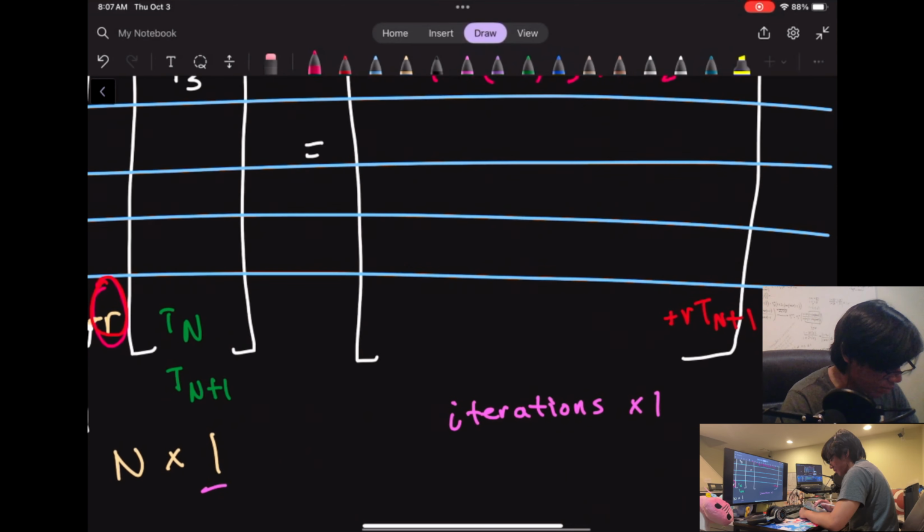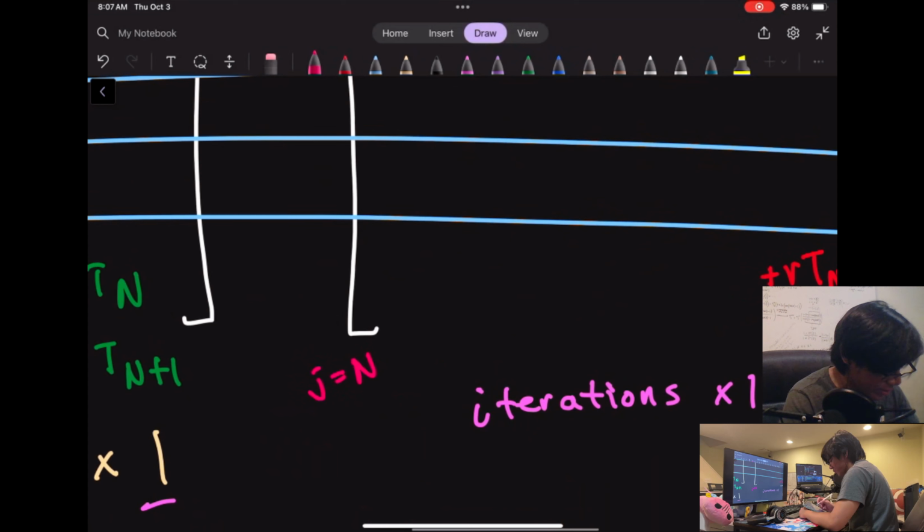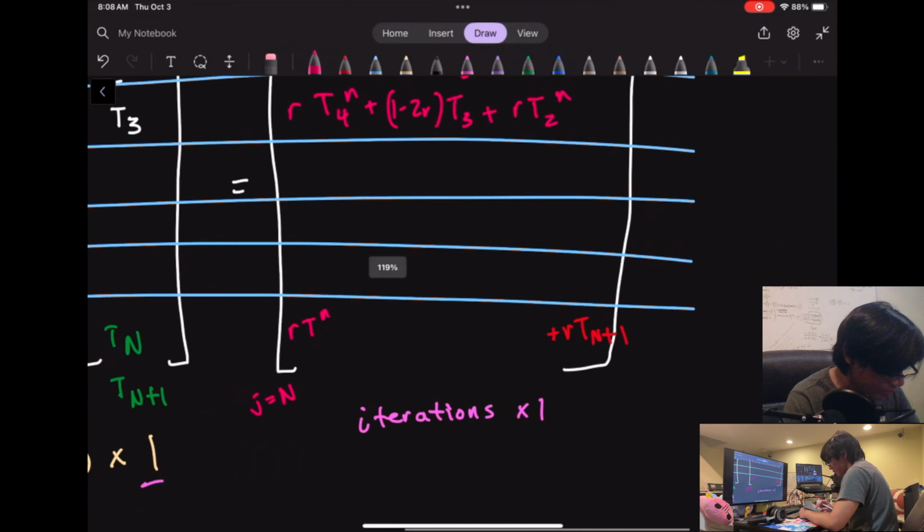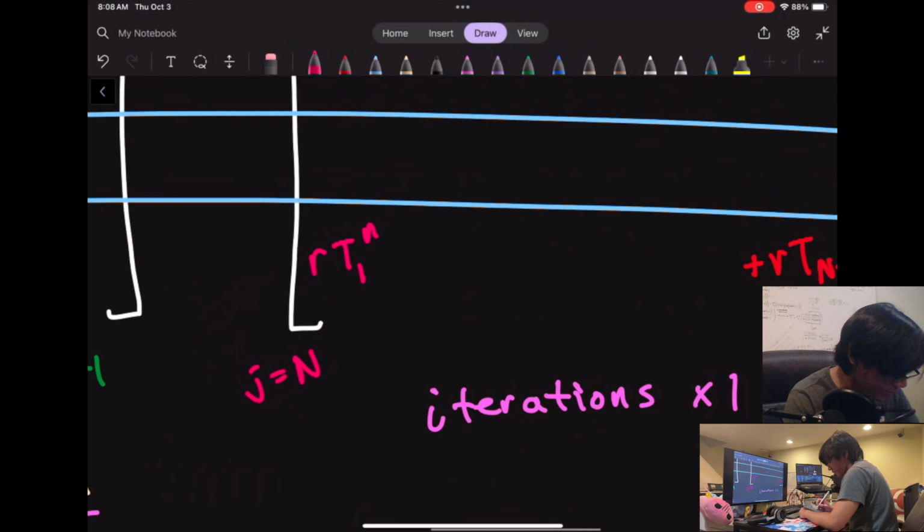Exact same thing, except now our index is j equals n. So if j equals n, our next position would be r times T_(n+1). Sorry, that should be T_n, and then next position is n plus 1. Yeah, big N plus 1. Kind of confusing when you have both the n's, but oh well.